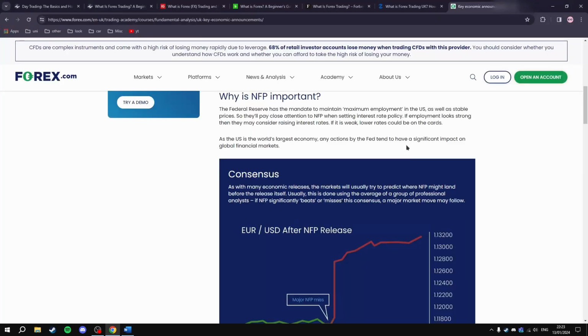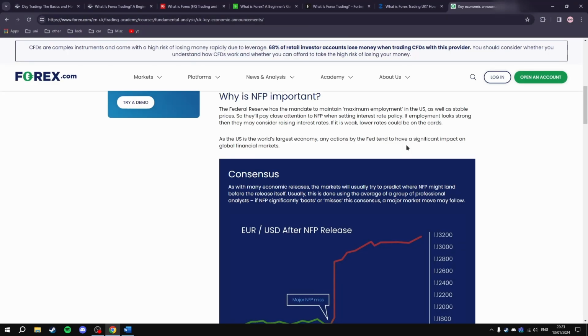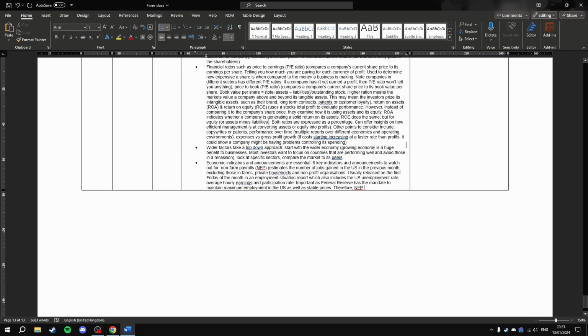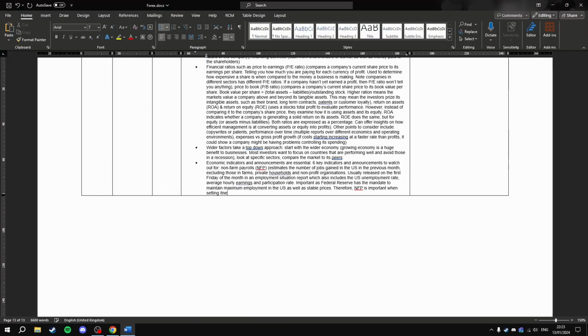Therefore, NFP is important when setting interest rates.